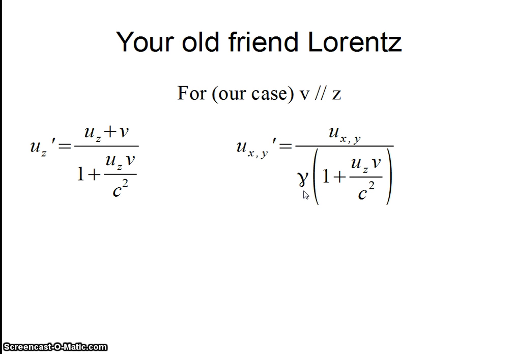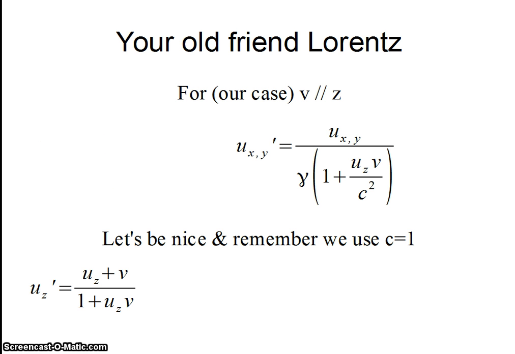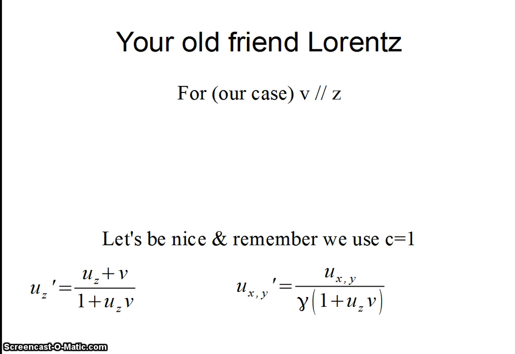It changes the transverse velocity. There would be another term if the velocity in the center of mass were not transverse, but had a transverse and a parallel component. But in this particular problem, you don't have any parallel component when you've got the transverse component, and the second term is going to go away. I wrote this just looking back at my notes for modern physics, so I have the c squareds in it. I want to remember to use c equals 1, so those look a lot simpler. The c's just drop out.